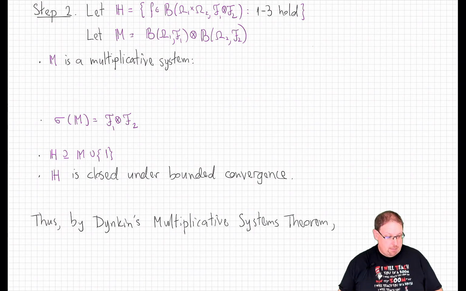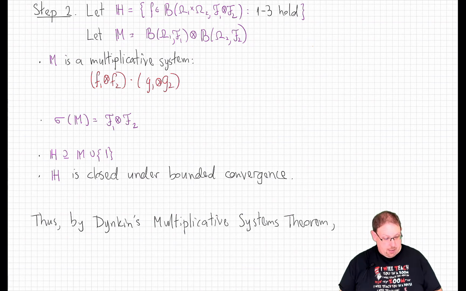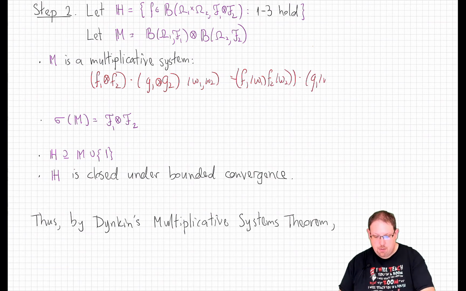So let's do that. First, we'll show that M is a multiplicative system, and that's just a bunch of writing. If I take a tensor product function, f1 tensor f2, and multiply it in the range as usual by a tensor product function g1 tensor g2, so that function of the two variables omega 1 and omega 2 is just f1 of omega 1 times f2 of omega 2 times g1 of omega 1 times g2 of omega 2.